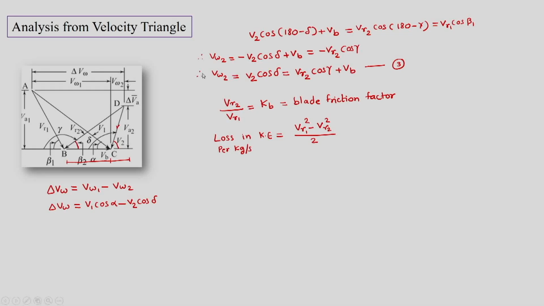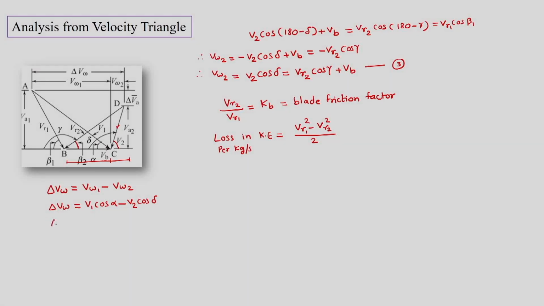So VW1 minus VW2 is delta VW, and then this delta angle will take care of the sign. If delta is more than 90, then this will automatically become positive. If delta is less than 90, this will become negative. So this is taken care of by the sign of delta.